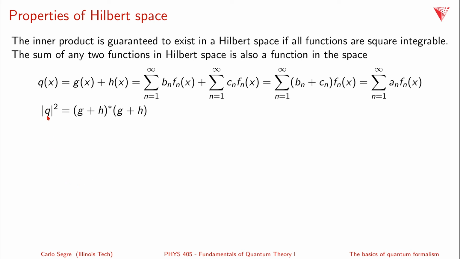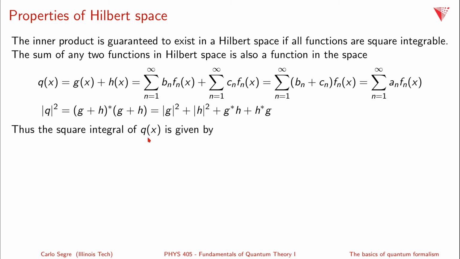The modulus squared of q, therefore, if I write from this perspective, is g plus h star times g plus h. And that can be written by expanding: you have g star g, which is g modulus squared. You have h star h, which is h modulus squared. Then you have g star h, plus h star g. And so you have four terms from the modulus squared of q.